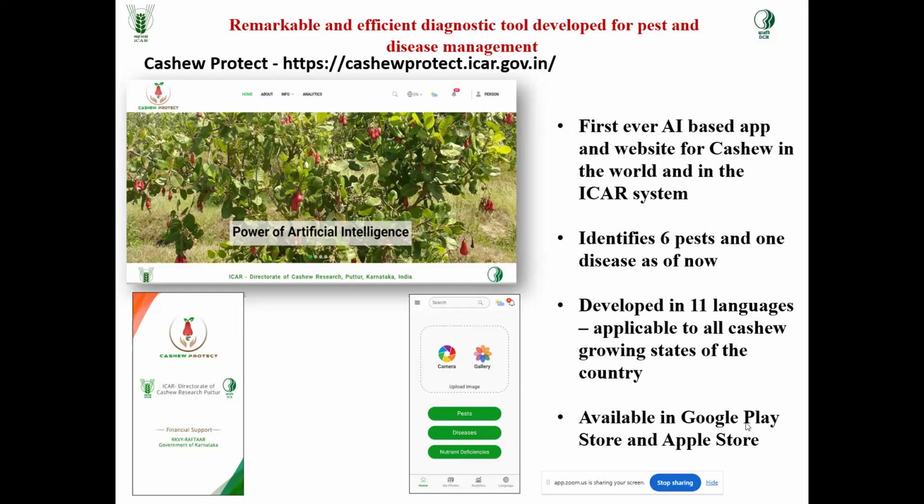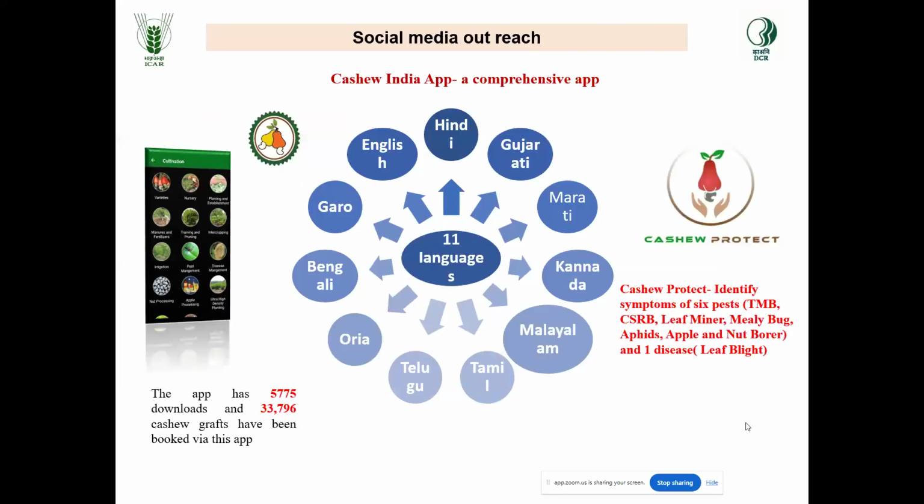And one more app is the Cashew India app. Cashew India app provides complete information starting from variety selection, nursery management, planting material selection and initial establishment, manures and fertilizers, training and pruning, canopy management, intercropping, irrigation, pest and disease management, everything all in one app, a comprehensive app which is available in 11 languages.